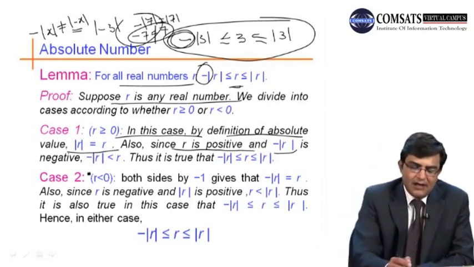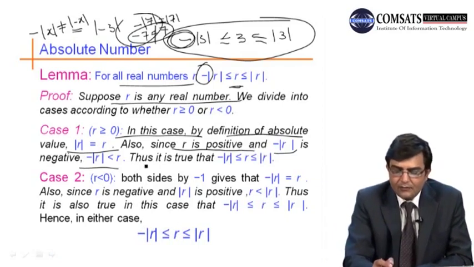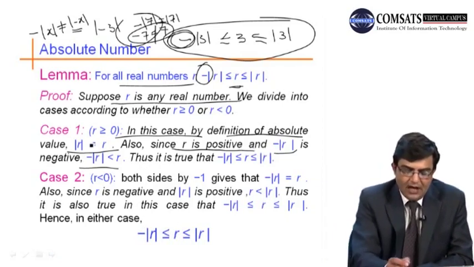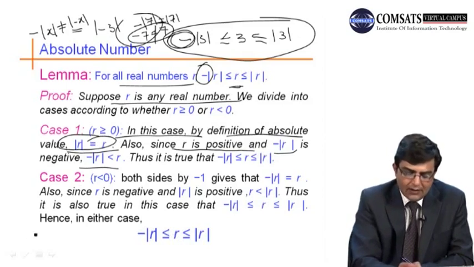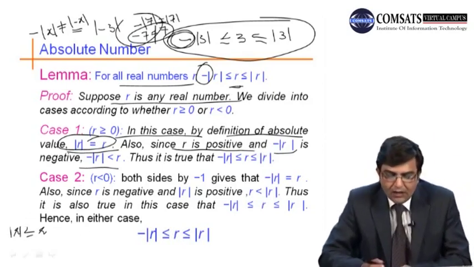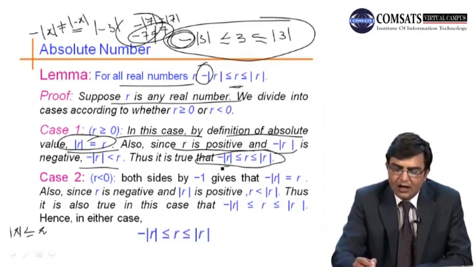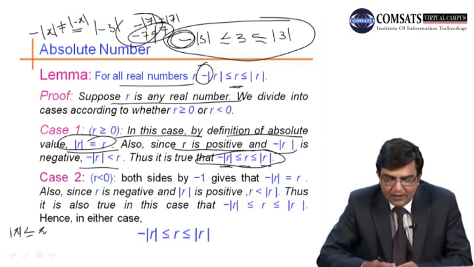So we can say that minus the absolute value of r is less than r. And if the absolute value of r is equal to r, we can write the absolute value of r is less than or equal to r, because in this case equality is true. So we can write in this case that minus the absolute value of r is less than or equal to r, and less than or equal to the absolute value of r.